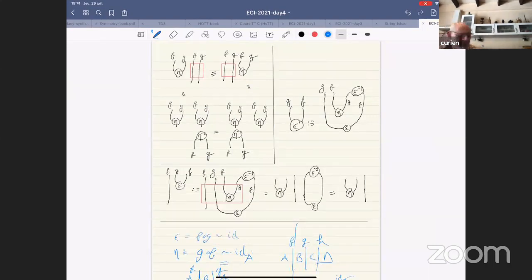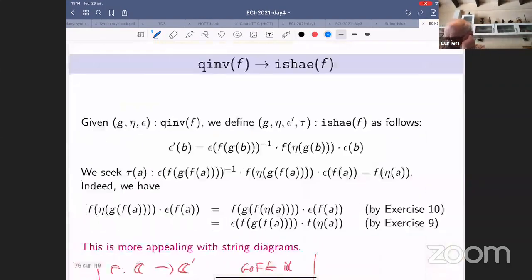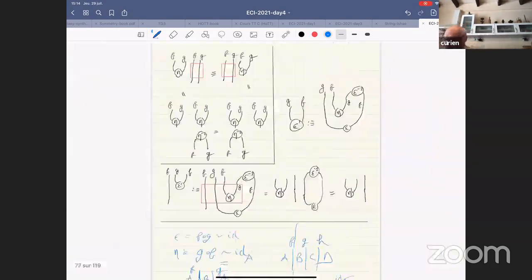Okay, so after these preliminaries, I can give you my encoding of epsilon prime. So remember what my goal is: to devise an epsilon prime and to also devise a tau. Okay. So here is my definition of epsilon prime. So the idea then, of course, is to combine such little diagrams together.